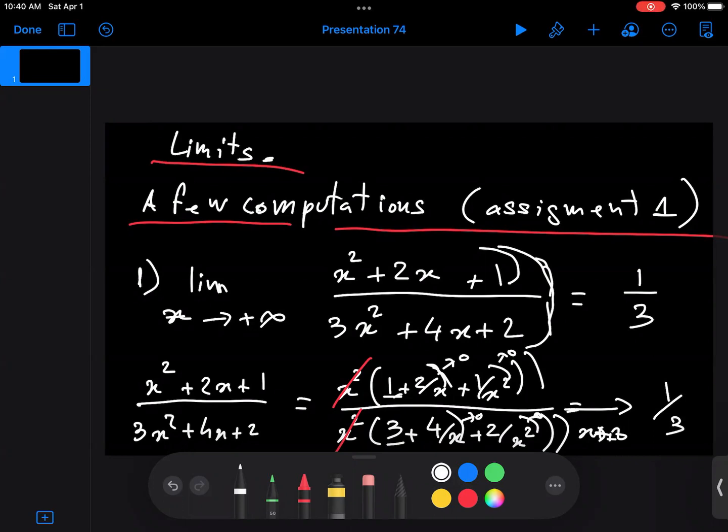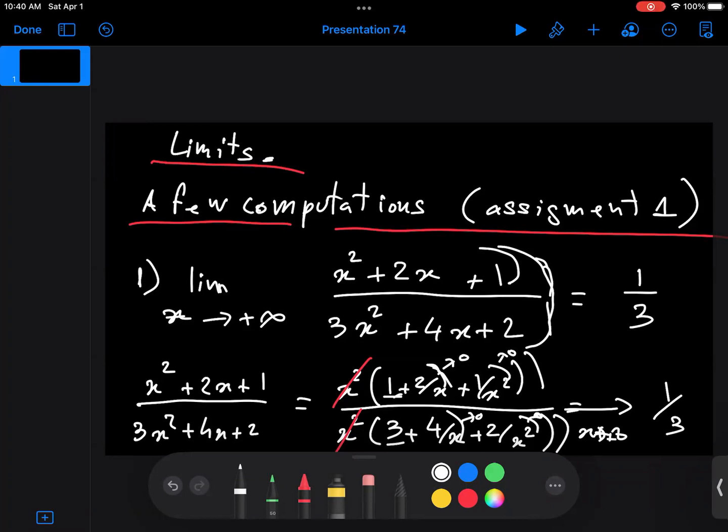What I've done here is quite general. When you have a fraction of polynomials, you can always do this to compute the limit at infinity. Are there any questions? No questions?